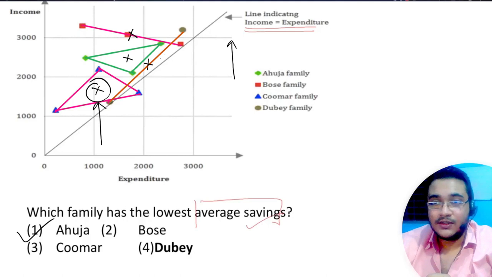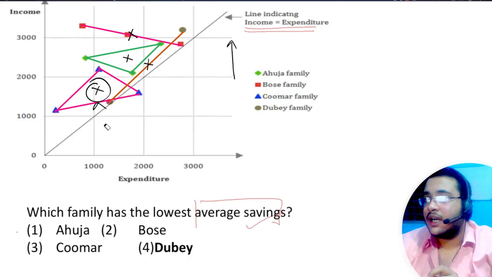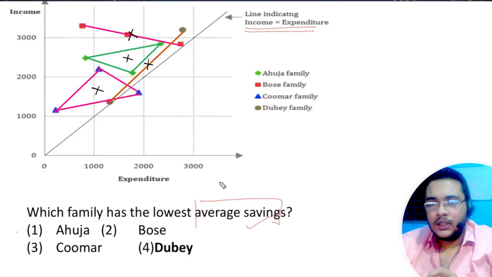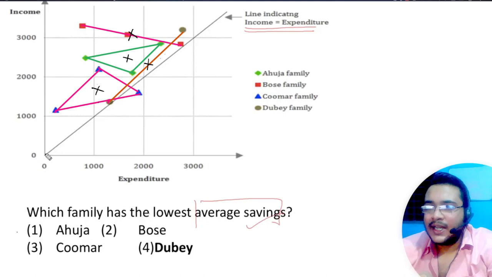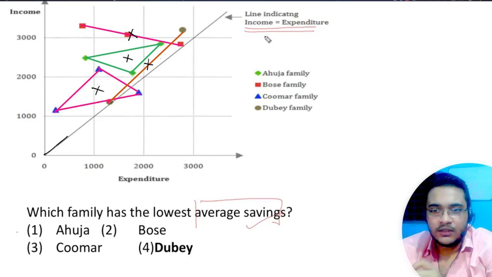Now this is an interesting question. Pause the video right now if you really want to learn this, and try to answer this question. But this is very intuitive. Okay, first of all, tell me what exactly does this line signify? Obviously, it is written that the line is indicating income is equal to expenditure.